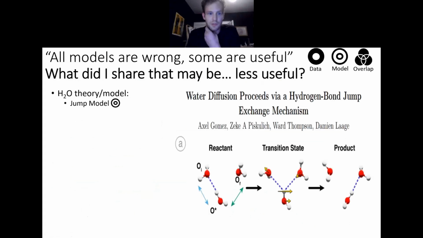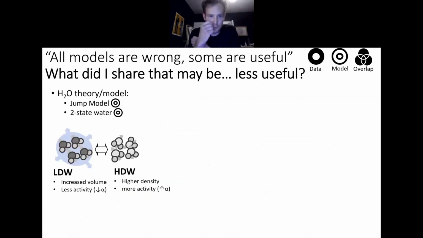So the H2O theory of jump model is very contemporary and relatively accepted among chemists, but it's just a model based largely on computer simulation and interpretation. So some strains there. The two-state water model is also now gaining some popularity and is really useful, I think, to me to explain these models, but it's still not certain or proven.